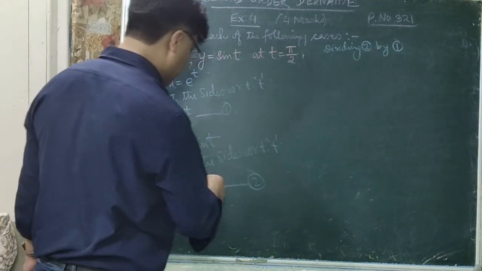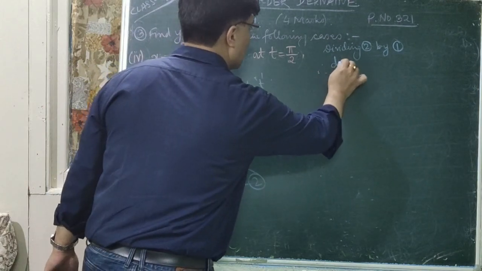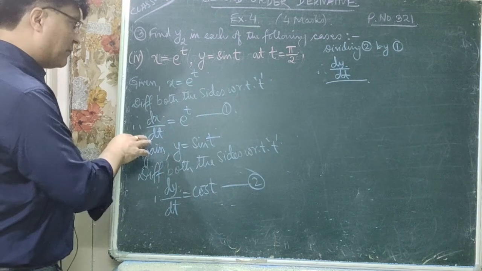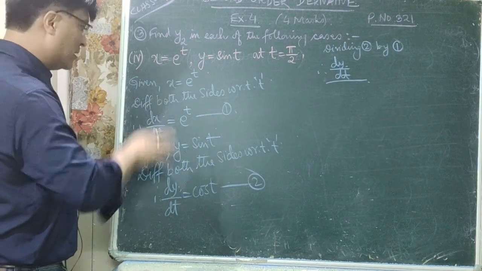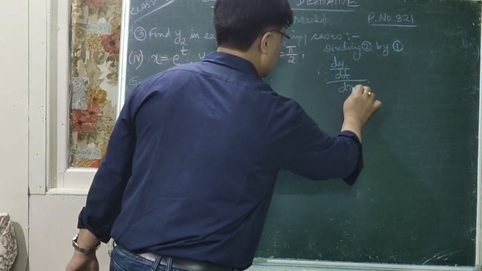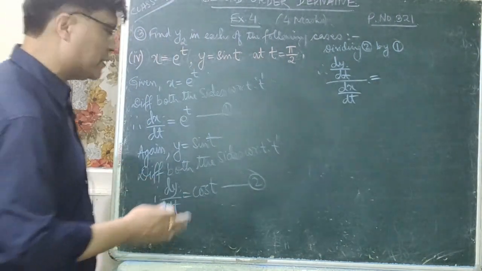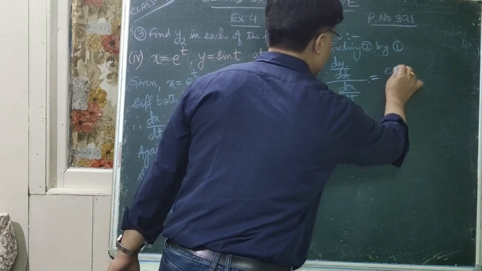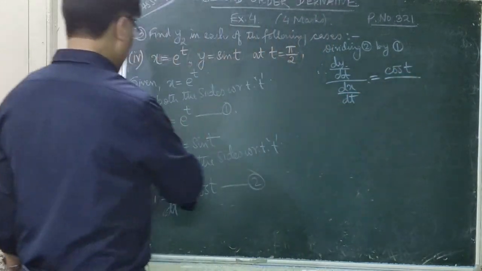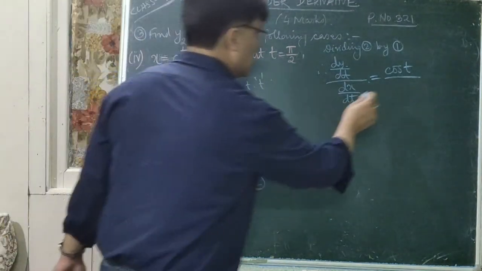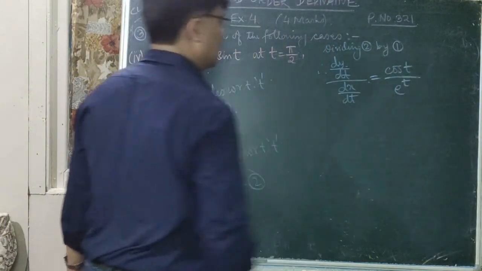Write down left hand side of number 2 in the numerator, that is dy by dt, divided by, write down left hand side of number 1 in the denominator, that is dx by dt, which is equal to, on the right hand side, what is the value for dy by dt? Cos t, write it in the numerator, divided by, what is the value for dx by dt? It is e to the power t. Write it in the denominator on the right hand side. So it is e to the power t.